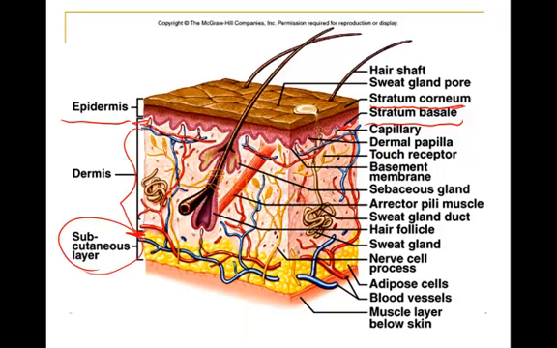And remember, the basement membrane connects to connective tissue, and this is connective tissue. Our sensory receptors are here. You can see some of them here. There's different types. And our accessory organs, so some of the hair follicles and the glands that are associated with the hair follicles.